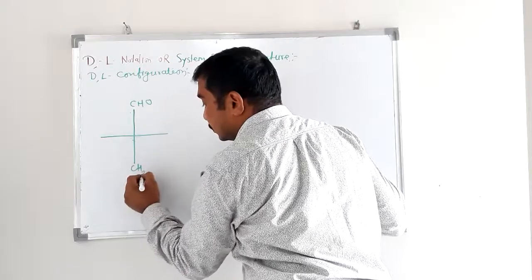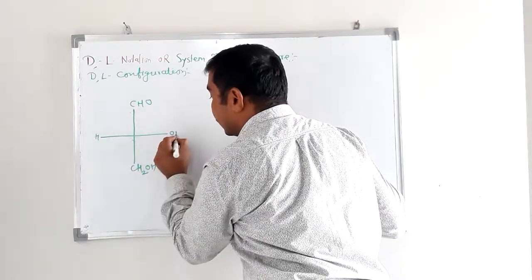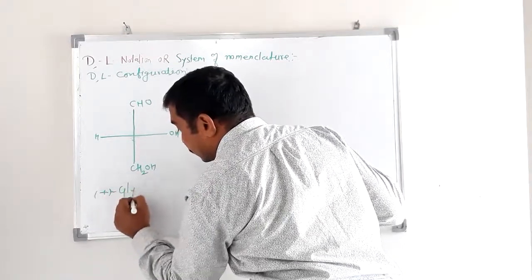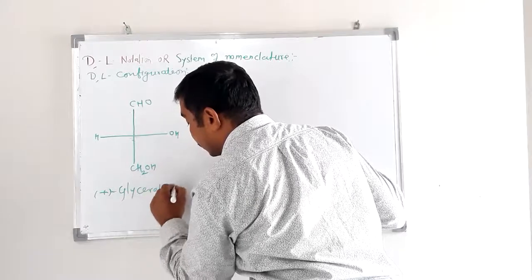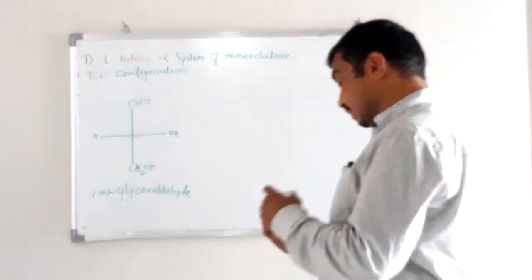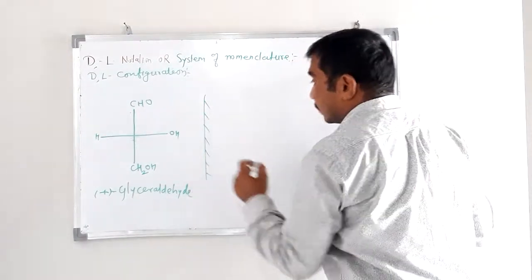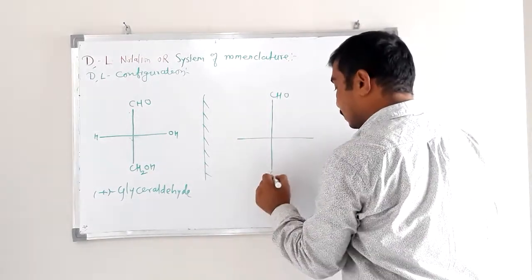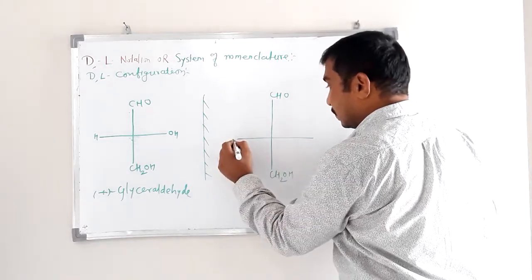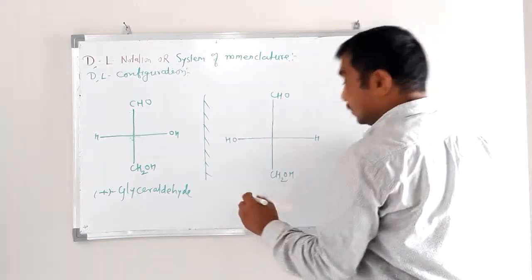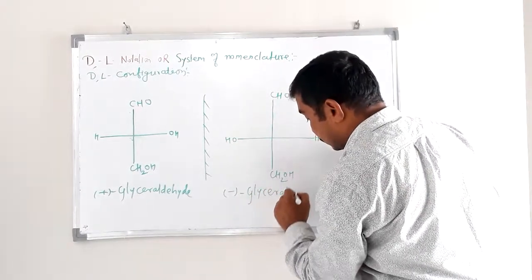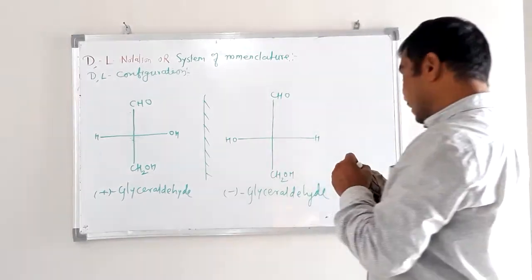CHO, CH2OH, H, OH. This is plus glyceraldehyde, and its mirror image: OH, H. This is minus glyceraldehyde.